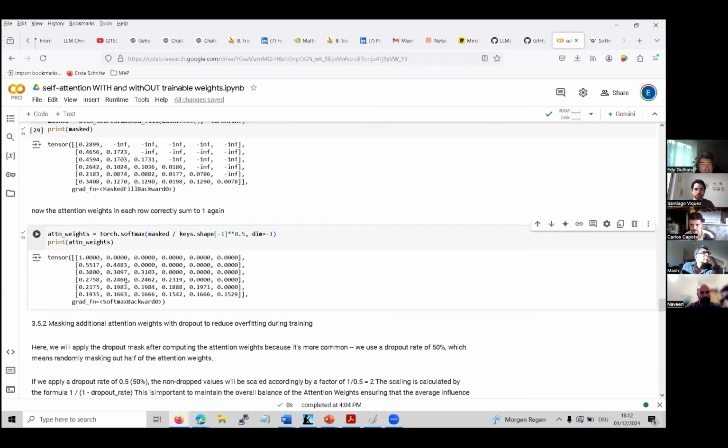So these numbers, as you can refer to the matrix last row here, 0.1935, 0.1663, 0.1666, have to be referenced to some tokens, like step, like, and other words that you were referring to.